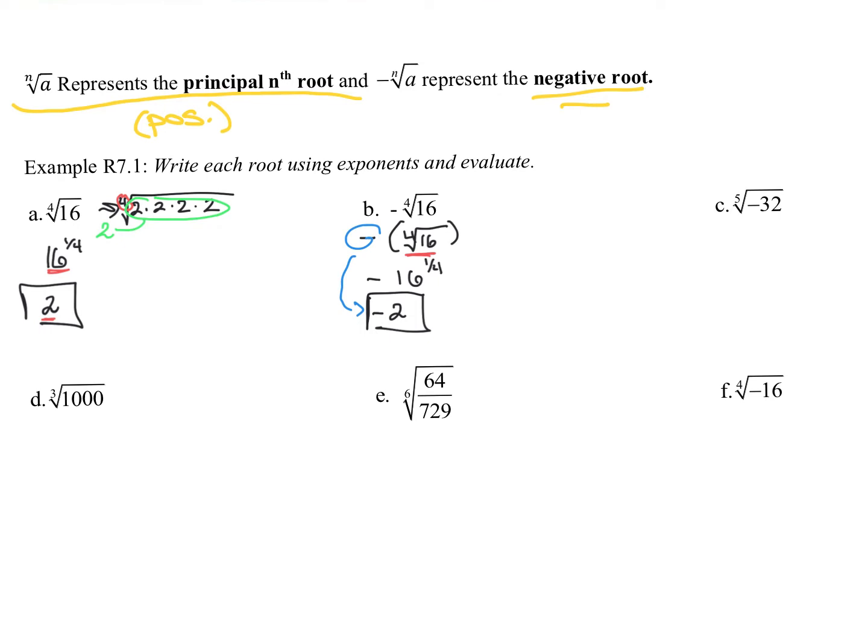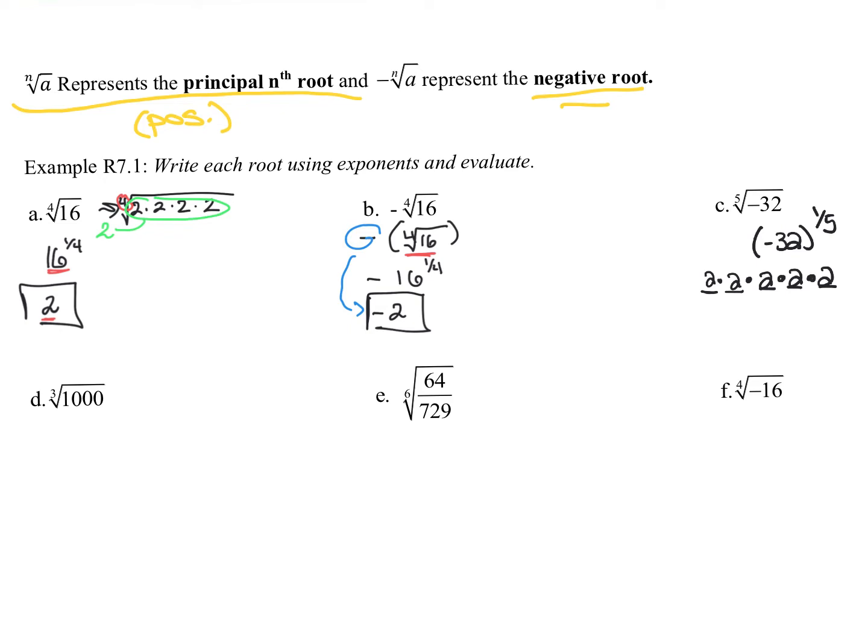Letter C is a little bit trickier. So what letter C is, it says negative 32 in parentheses. The negative is under the root, and then it's raised to the 1/5 power. So if I'm going to do this, I need something 5 times that makes 32. Well, 2 times 2 times 2 times 2 times 2 is 32, because 2 times 2 is 4, times 2 is 8, times 2 is 16, times 2 is 32.